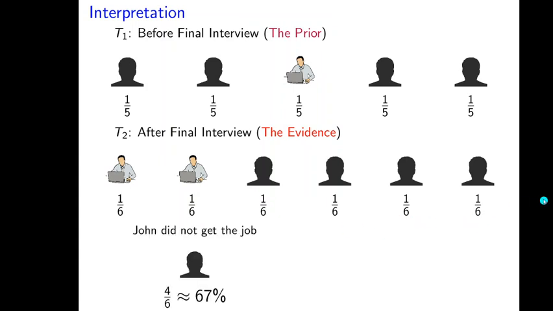This makes Bayes' theorem calculate the probability that John did not get the job as almost 4/6 or 67%, which is the summation of the probabilities of all other candidates other than John, and the probability that John got the job equals 2/6 or almost 33%, which is double the probability that any other candidate got the job. So this is a visual representation and interpretation of Bayes' theorem in our problem.